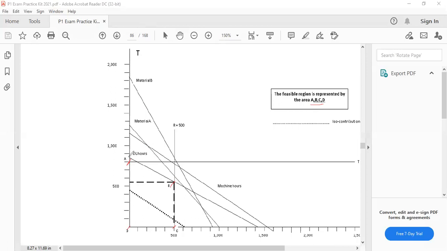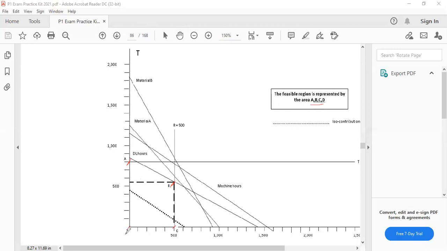B is the intersection of this vertical line and a slanting line. Point C is where the vertical line intersects the x-axis. D is the intersection of x and y, that is the origin.